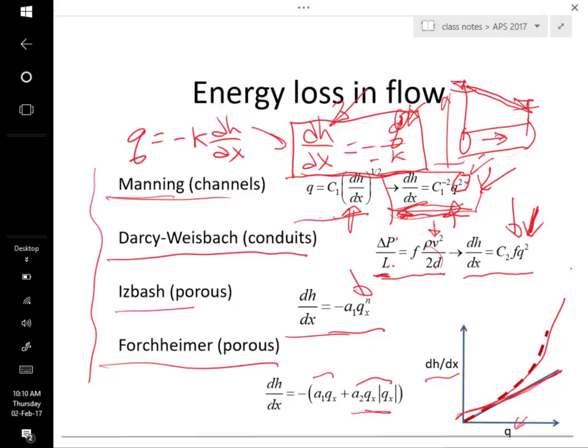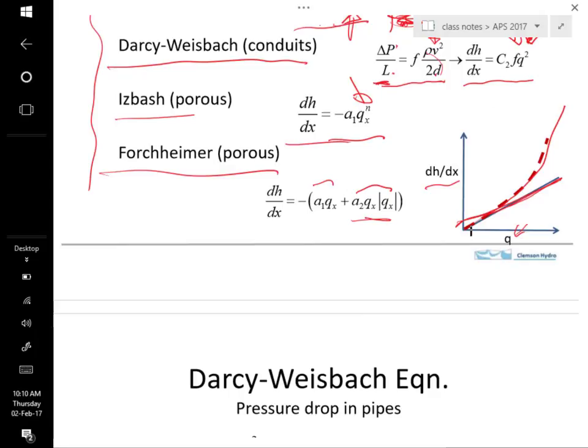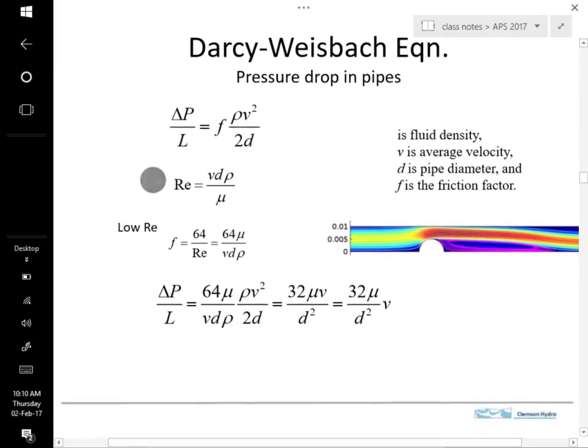If all we're interested in is what the head drop or the pressure drop in a flow would be, then something like this could be sufficient. All right, let's go back now to the Darcy-Weisbach equation. Here's the Darcy-Weisbach, and this is a flow in a conduit.